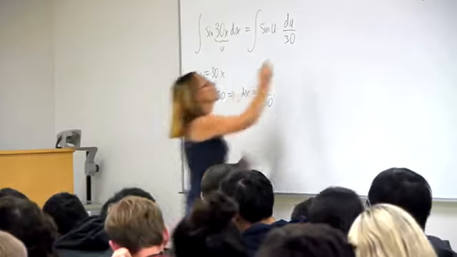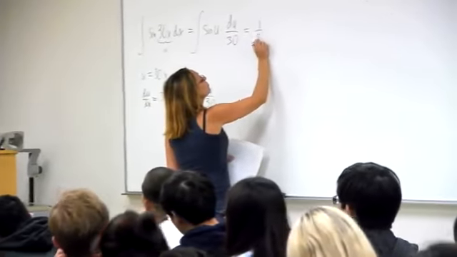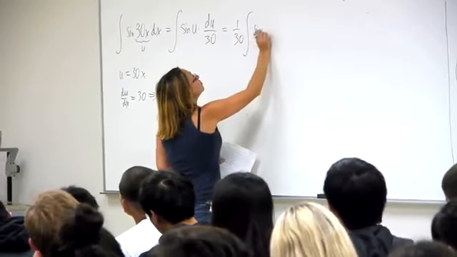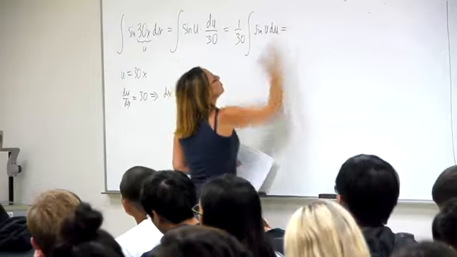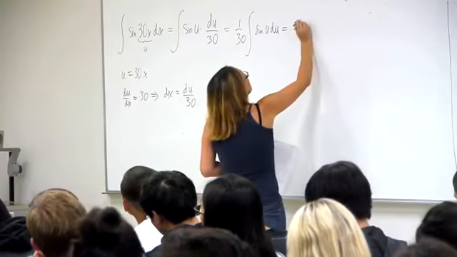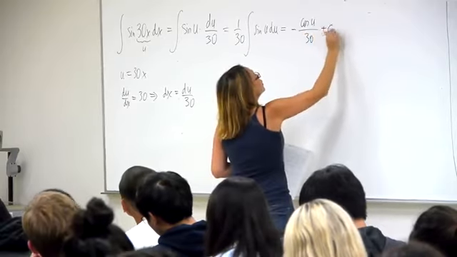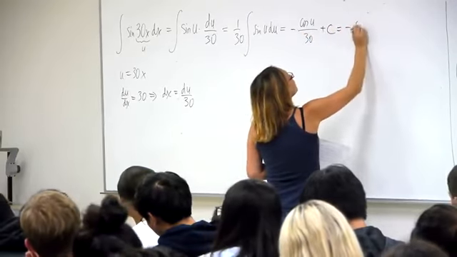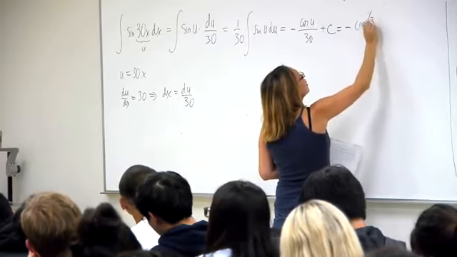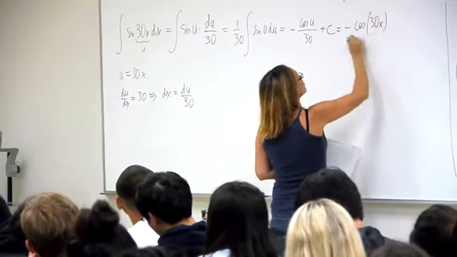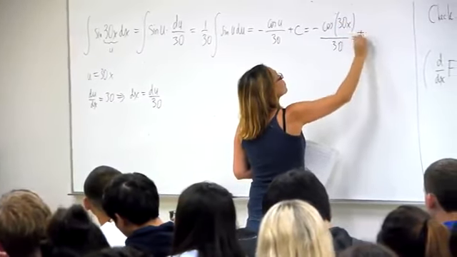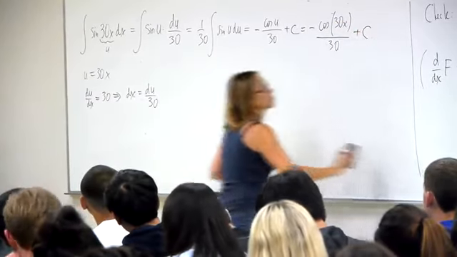This reduces it to something very simple. Okay. And as the last step, I remember that u is 30x. And that's it.